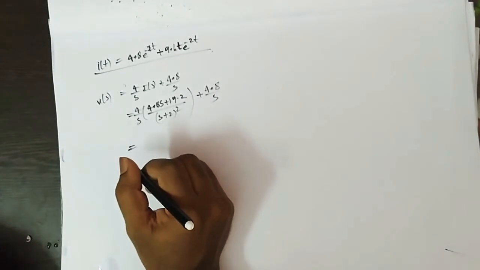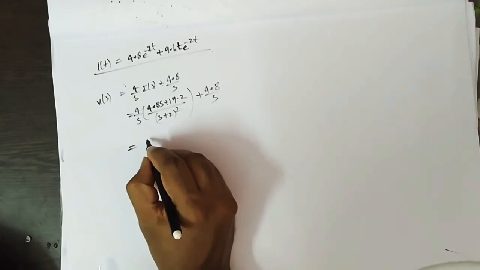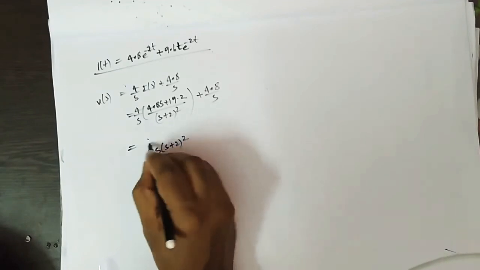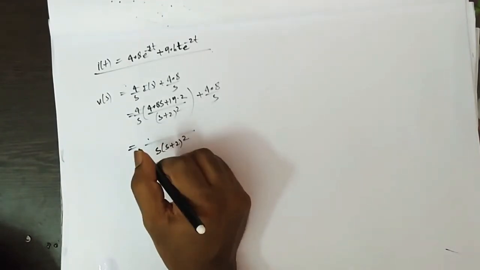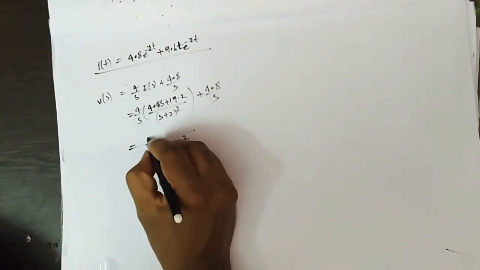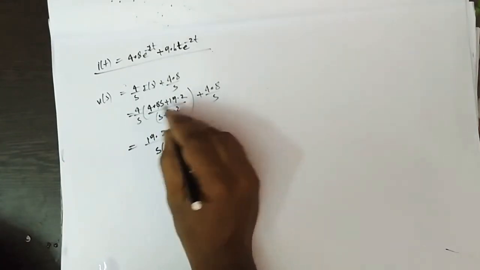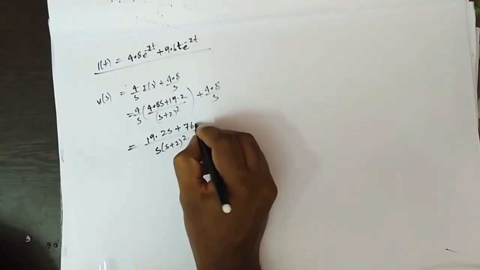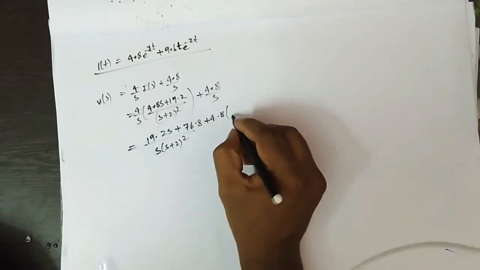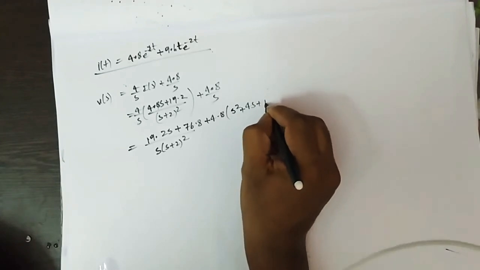So rearranging all this, taking the LCM, s into s plus 2 whole square, we get 4.8 into 4, 19.2 s, plus 4 into 19.2, that is 76.8, plus 4.8 into s square plus 4s plus 4.